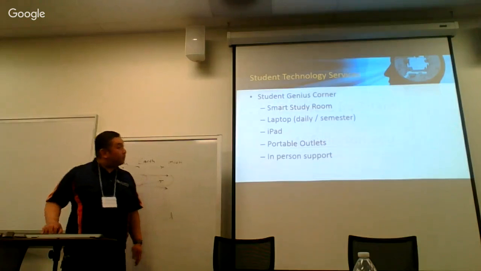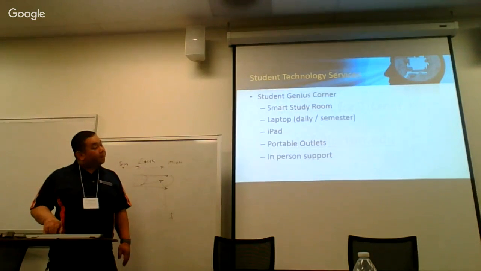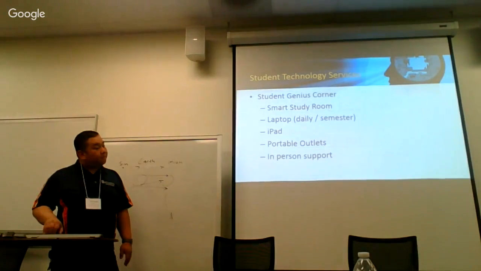Yes. I have a question. I've been having problems with my school email, and I tried to go to the Genius Corner, and I thought it was resolved, but now I got emails from people trying to contact me saying there was an error message, and I never received any messages. When did you contact them?